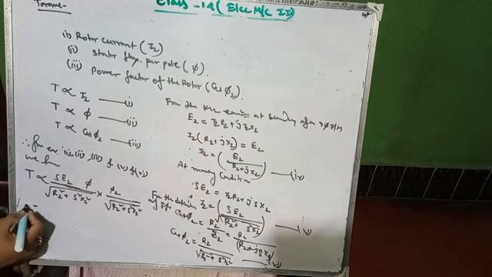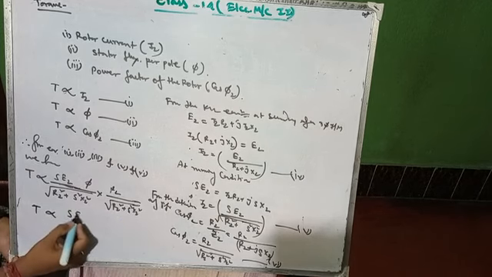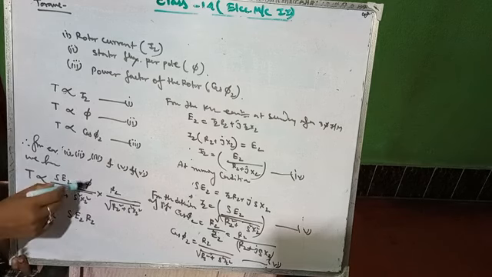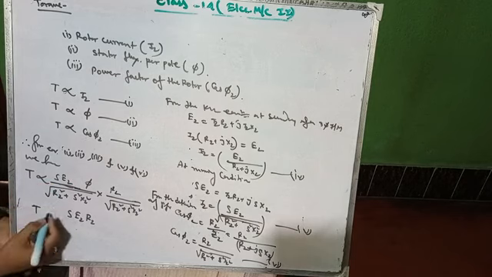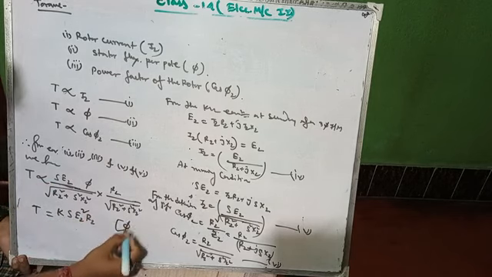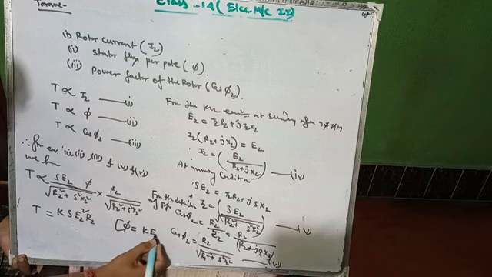So T is proportional to S E2 R2, and now phi can be written as K into E2, because phi is proportional to E2.